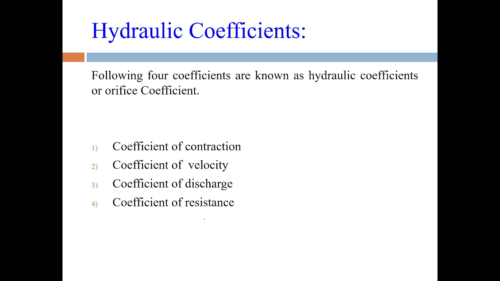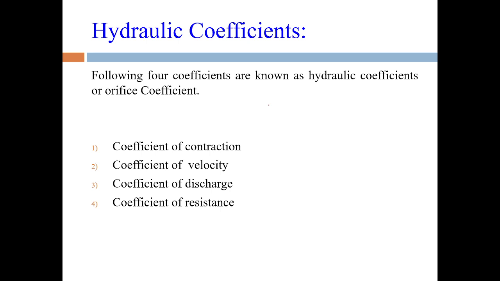So next is the hydraulic coefficients. You know, we need coefficients because in the field we have some data which is the experimental data, and some is the theoretical data. Theoretical data means the data that you got from the equations, developed equations.